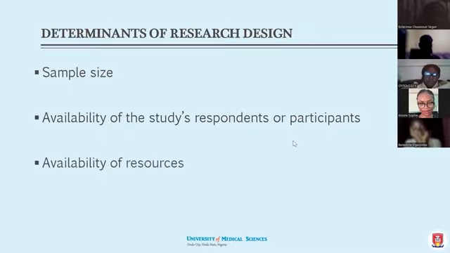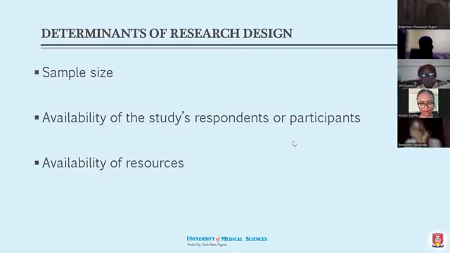Then resources available. If you don't have enough resources, you may not be able to use a particular research design. For instance, if you want to collect data from about 200 participants, let's say using a survey study, definitely you have to make sure that you have enough resources to be able to meet all of these participants.